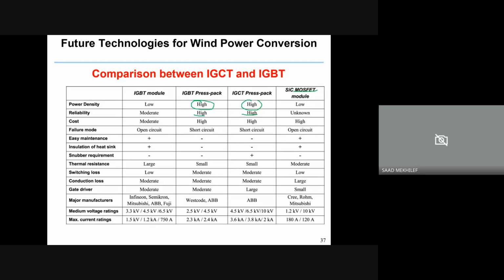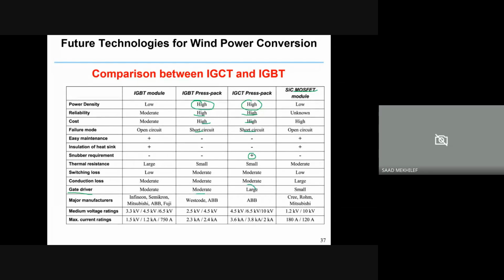In terms of cost, both of them are high. In terms of failure mode, they short circuit. This one requires a snubber circuit, and this one does not, which is good. Okay, gate drive, to drive the switches, is moderate.